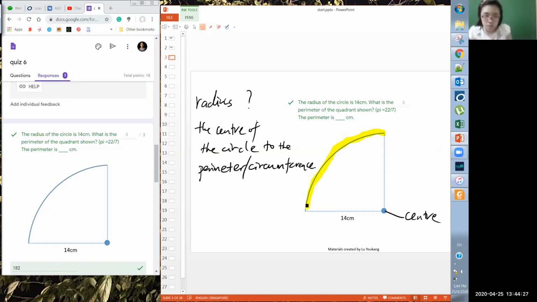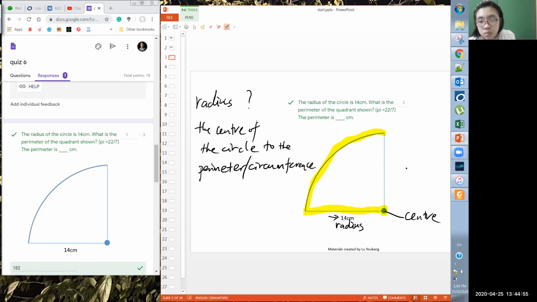The center is here, right? So radius is the center of the circle to the perimeter or circumference. So center to perimeter. That's why this is the radius. That's why your radius is 14.